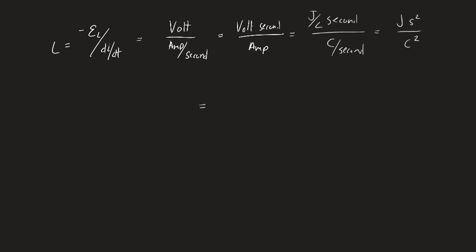Of course, a joule is a Newton meter. Second squared per coulomb squared. A Newton is a kilogram meter per second squared. The seconds cancel here. And that's not a surprise.